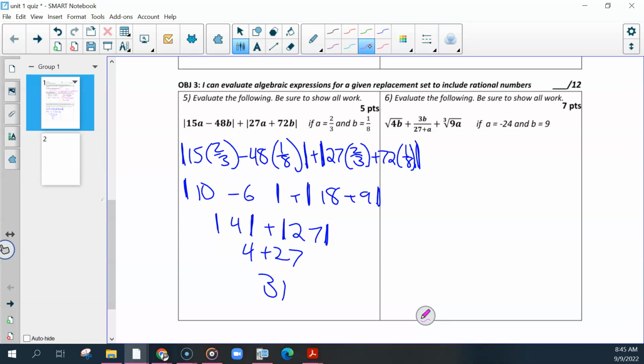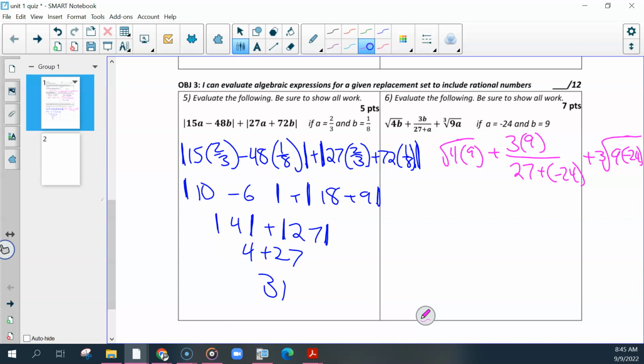For 6, same thing. You have to put all of your values in. So 4 times 9 plus 3 times 9, over 27 plus a negative 24, plus the cube root of 9 times negative 24. So me seeing that you put all your values in correctly was worth 1 point.